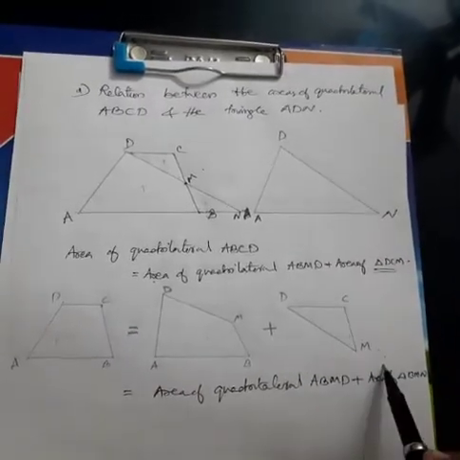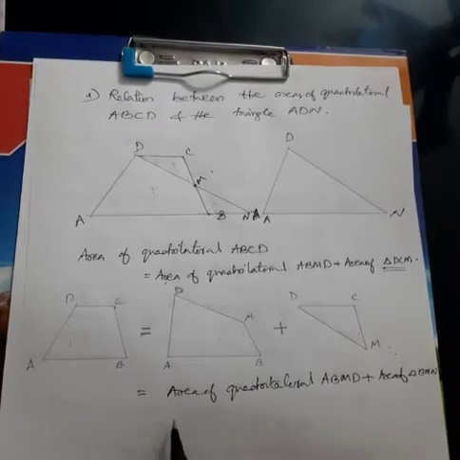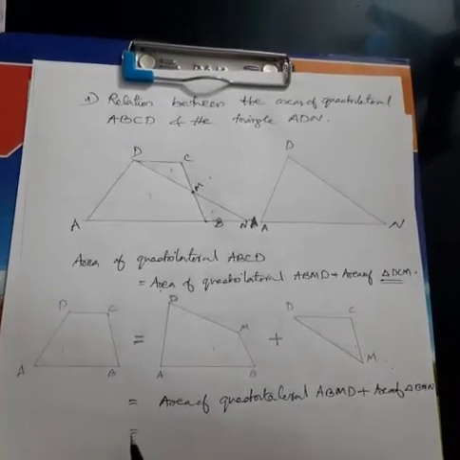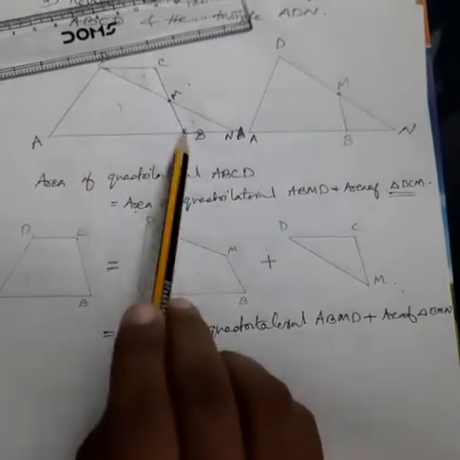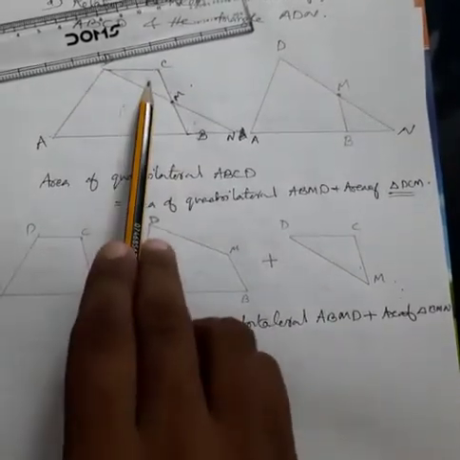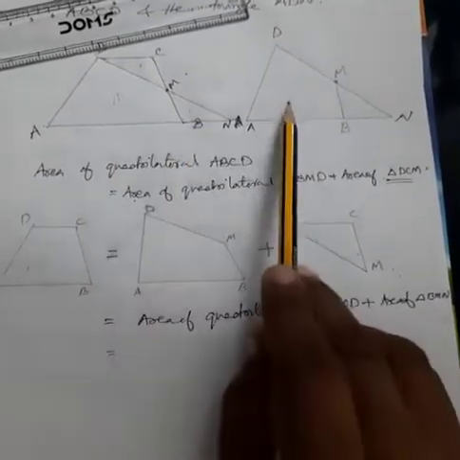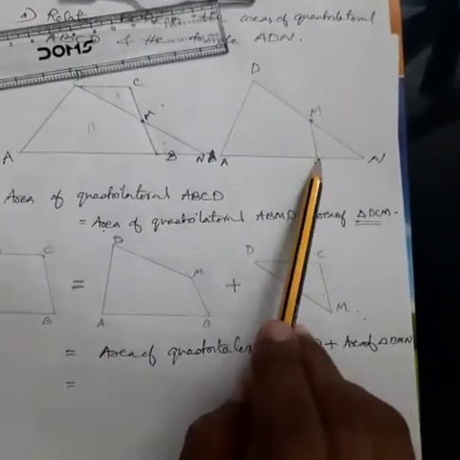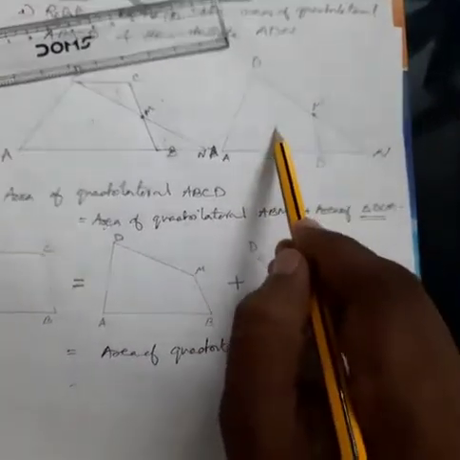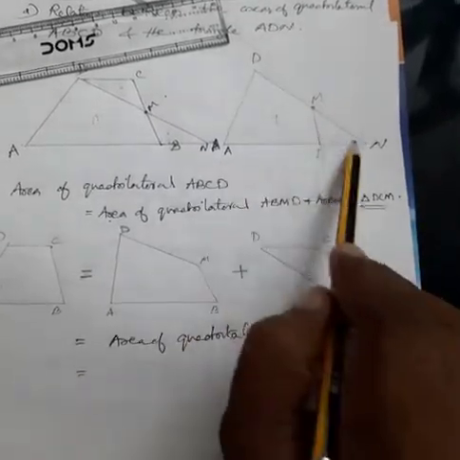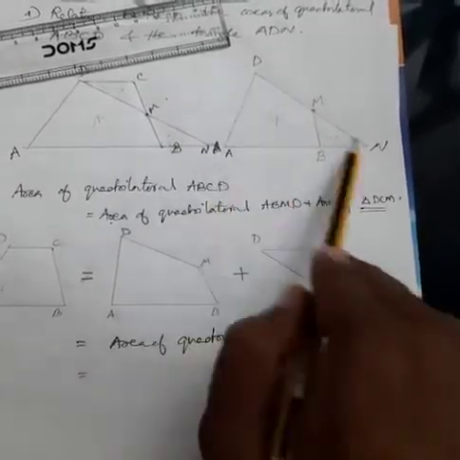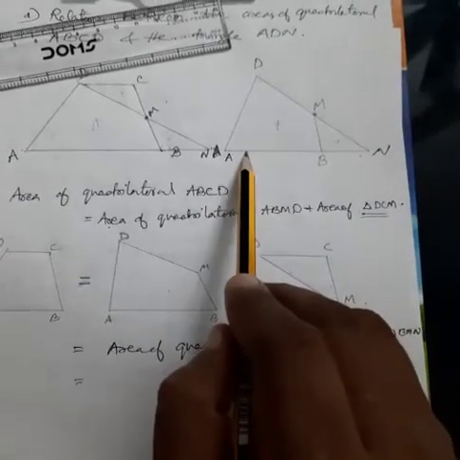So these two triangles are equal. Then the area of quadrilateral ABMD plus, instead of DCM, you can write BMN. So you get it like this: ABMD plus area of BMN. And what about this whole? That is the area of ADN, the other triangle.